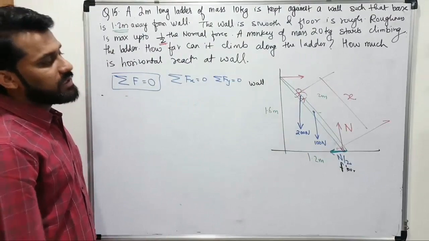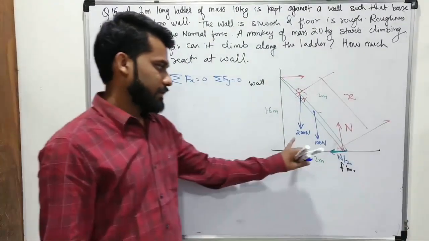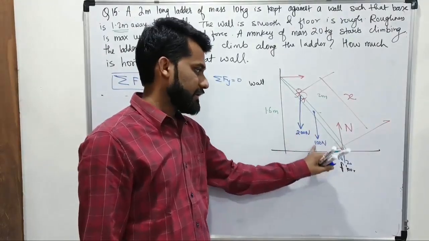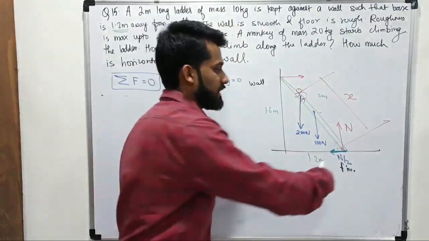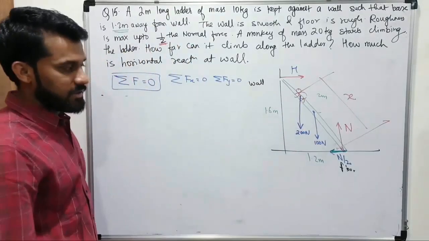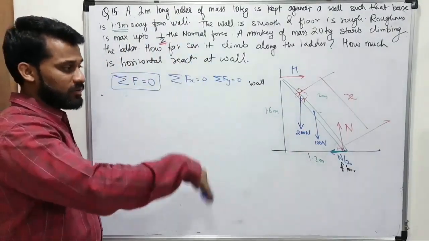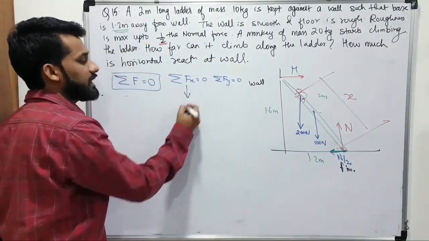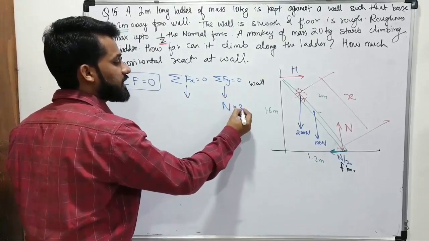Right? So vertically, how many forces are there? 200, 100 and N. These are vertical forces. N by 2 and this horizontal reaction are horizontal forces. So vertical forces should be 0. Means if downward is 300, upward should be 300. From this you will get N equal to 300.